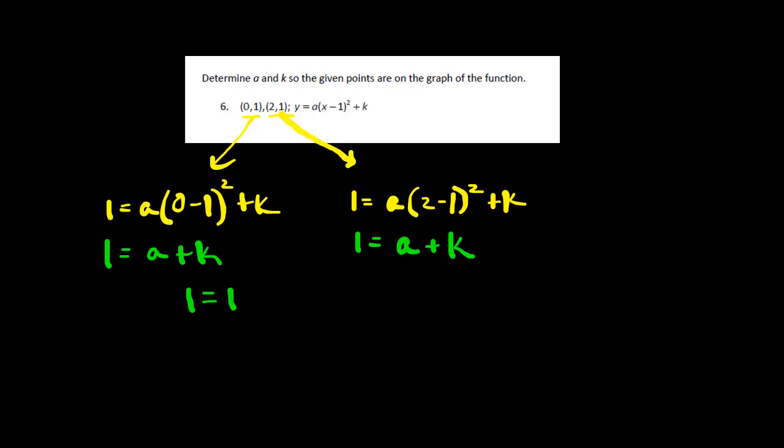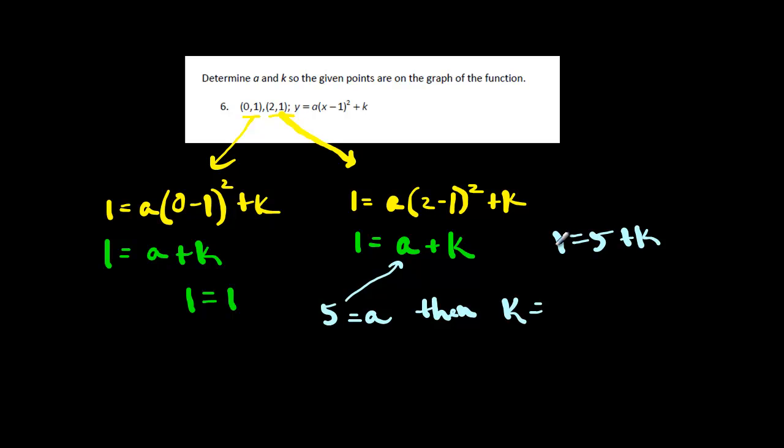Let's just get one answer. Let's just say a was 5. So if a is 5, then k is going to be -4. Because, well, how do I know that? If I put in 5 here, I'm going to have 1 equals 5 plus k.